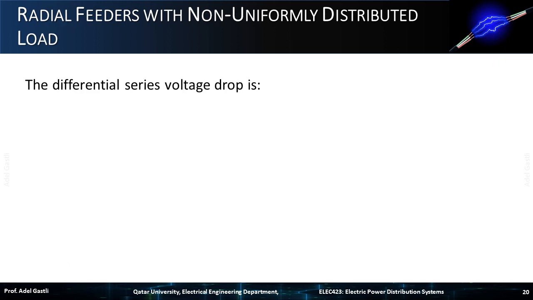Now, to calculate the voltage drop at the end of the feeder, we need to first find the general equation of the series voltage drop on the feeder, at any distance x from the main substation. For that, we first express the differential series voltage drop dV, that occurs on a differential distance variation dx, as given by this equation, where dV equals Ix times z times dx.